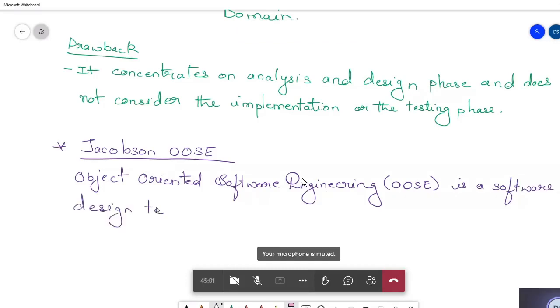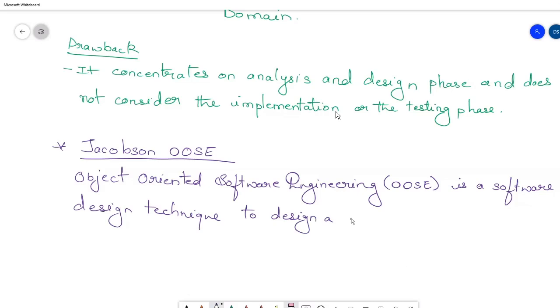Now, it was developed in 1992 by Ivar Jacobson.